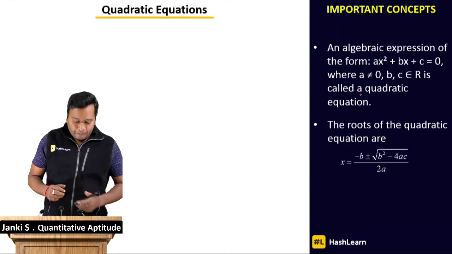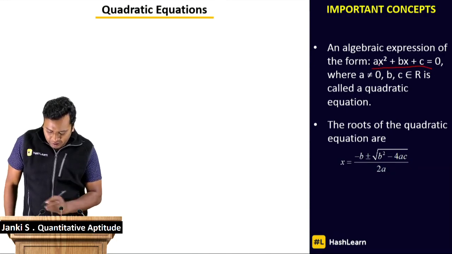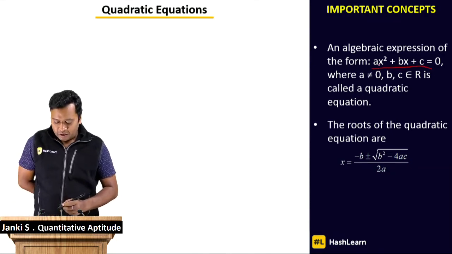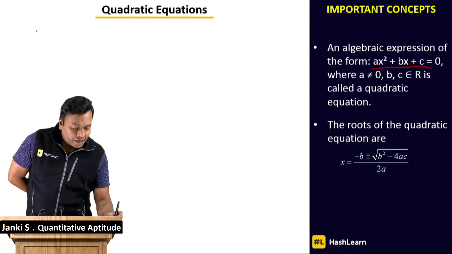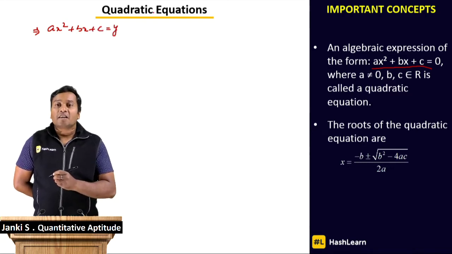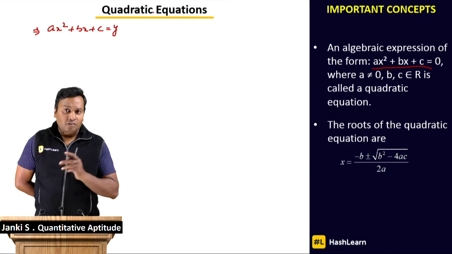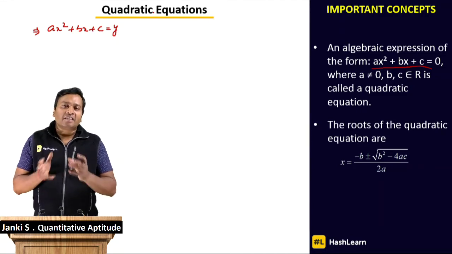Now identify, as it's given here, that an expression in terms of ax square plus bx plus c is equal to 0 is considered a quadratic equation, right? Or else I can say that if I have an expression as ax square plus bx plus c is equal to y, that is considered a quadratic expression, not an equation. But it becomes a quadratic equation when the value of y is equal to 0.